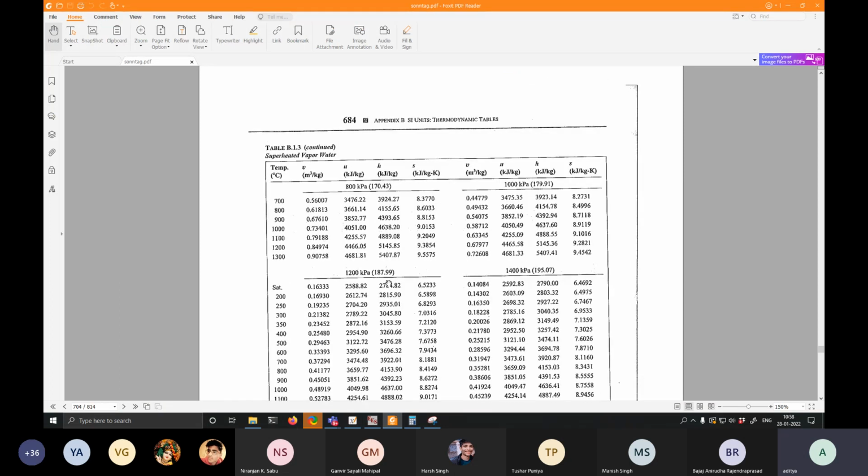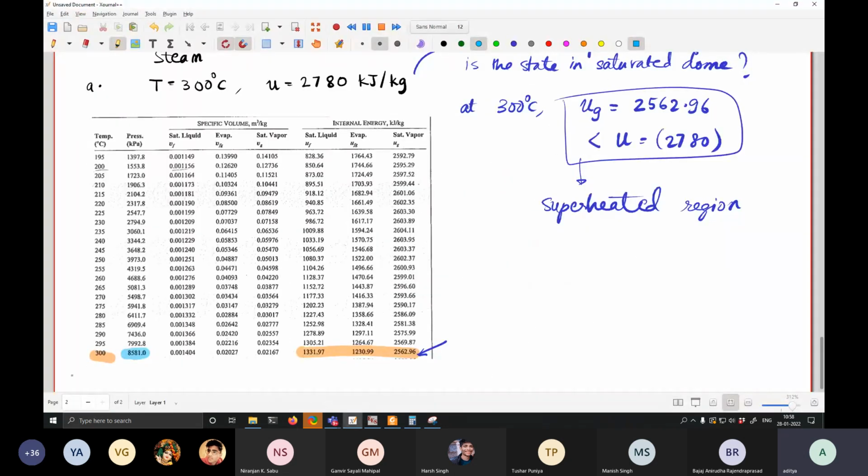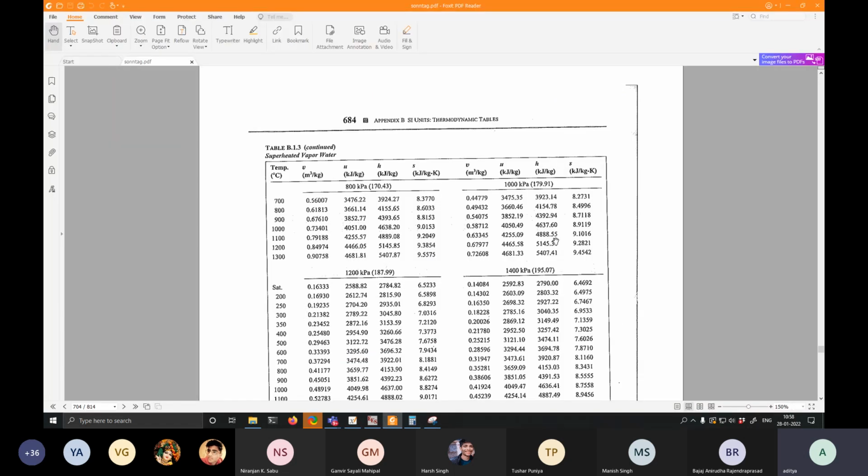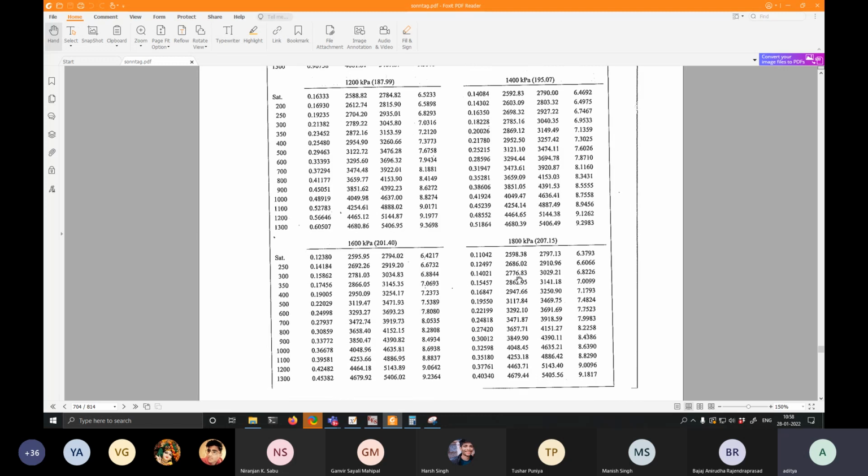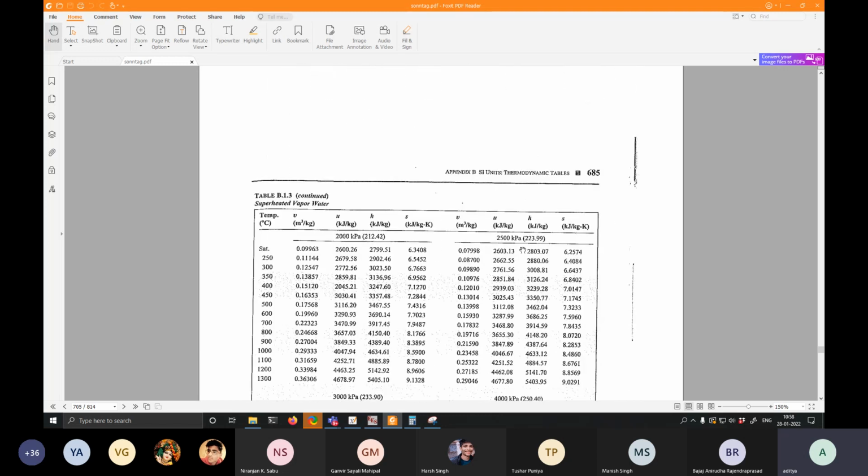So basically we have to go for a table which will give you a temperature more than 300 degrees Celsius at saturation. So we're looking at superheated water vapor. We will look at the brackets. So this bracket says 170. These are the temperatures. So we will have to definitely go beyond 300.